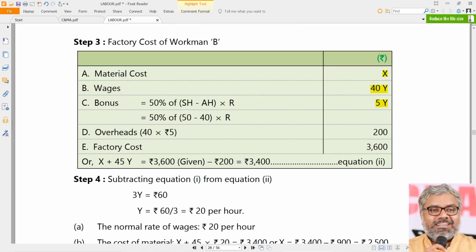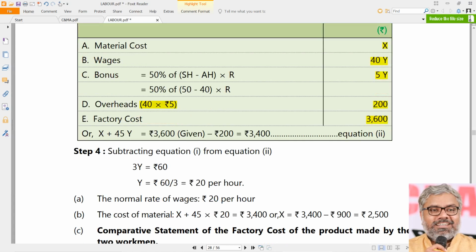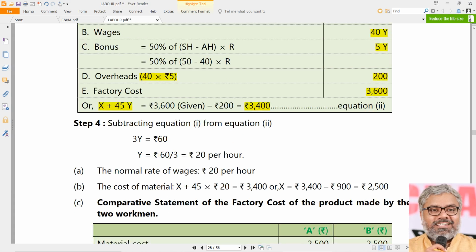Then overheads here will be 40 multiplied with 5. Once again, 5 rupees is the hourly rate, and 40 hours B has worked. We are talking about B now. So multiply that, you will get 200. But the total factory cost is 3600. Now what we can get is another equation, that is X plus 45Y is equal to 3400. That is another equation. That's all.